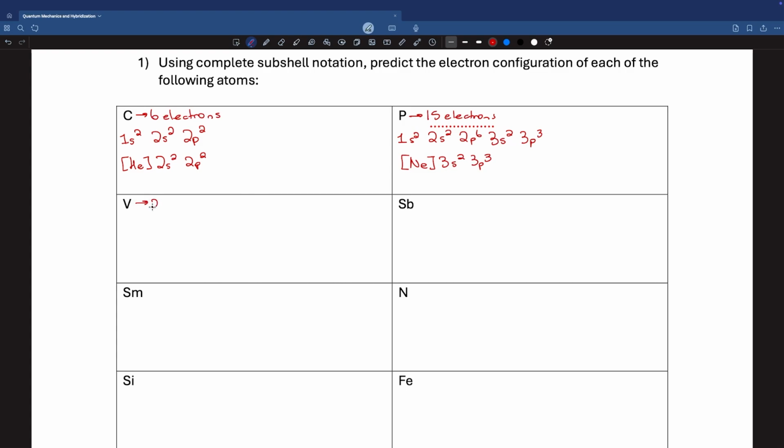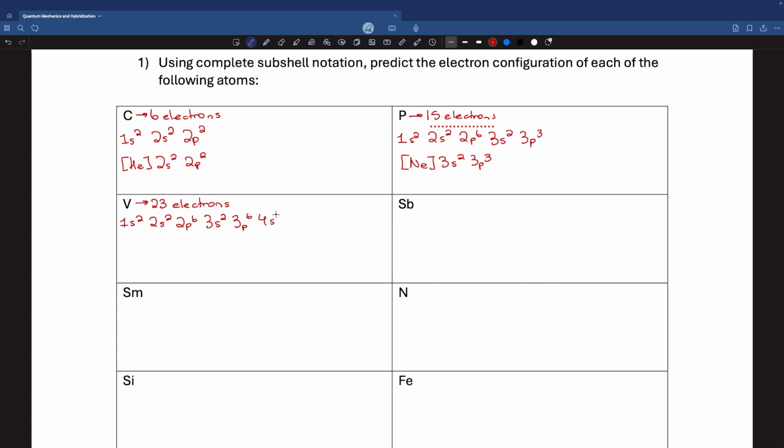Vanadium has 23 electrons, so let's write 23 electrons. And we'll start from the 1s2, and then the 2s2, 2p6, which means we're down 10 electrons. We need 13 more. So we'll keep going to the 3s2, and then the 3p6, which means that was 8 more electrons, which means we need 5 more.